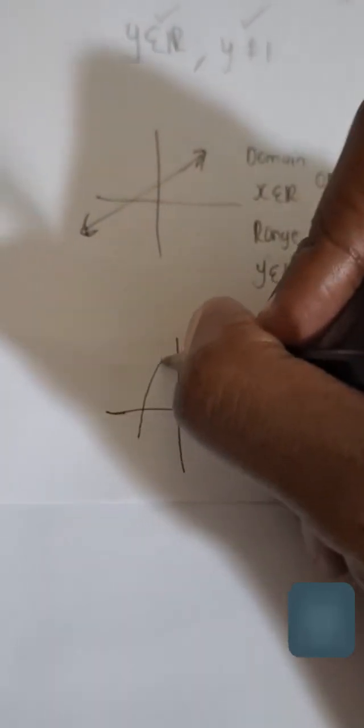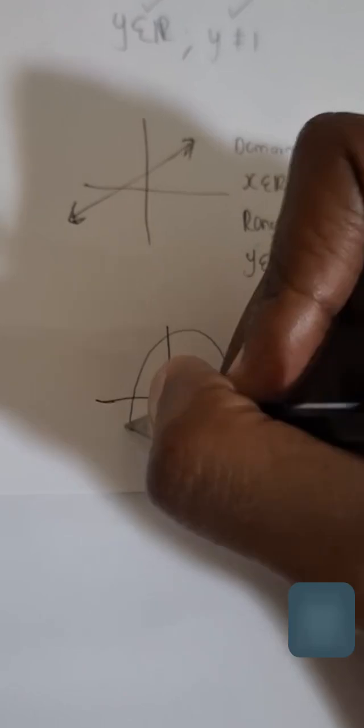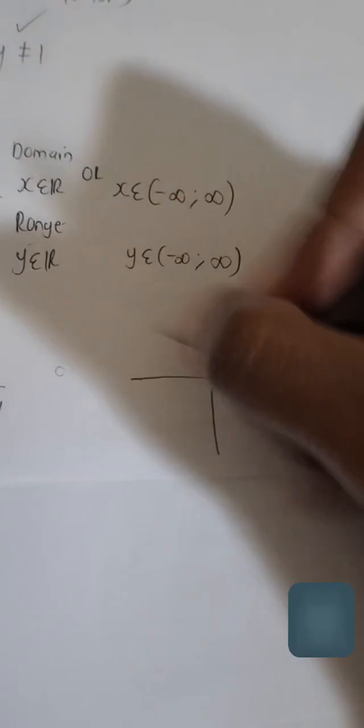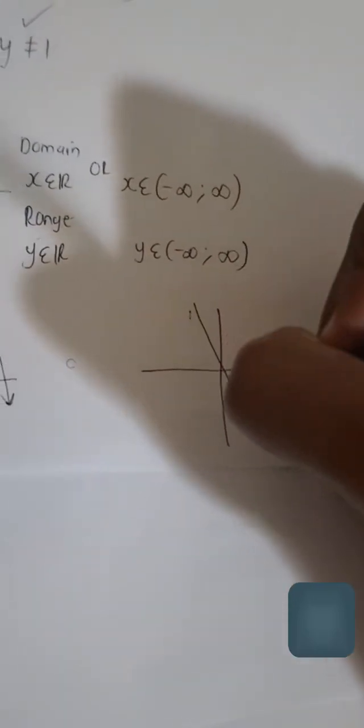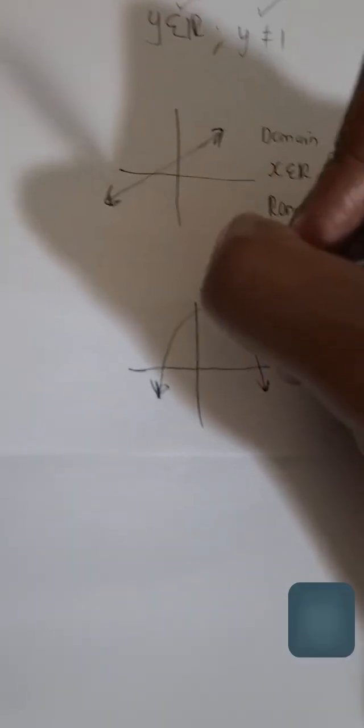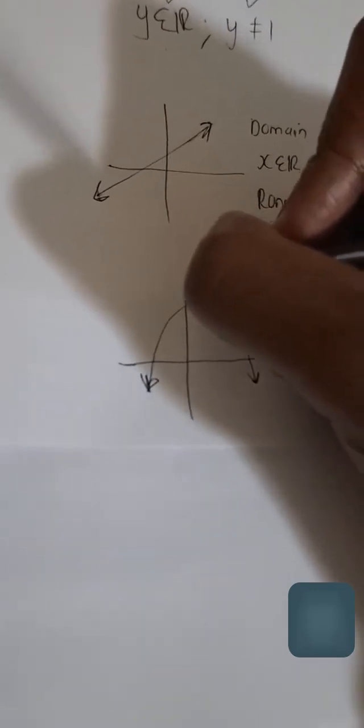So I was just highlighting that. Maybe you can check here as well. Let's say we had a parabola. Here's another thing to consider for domain and range. Let's say we have a parabola that's concave down, and a parabola that's concave up. Now, obviously, the maximum point here has coordinates 2 and 3.